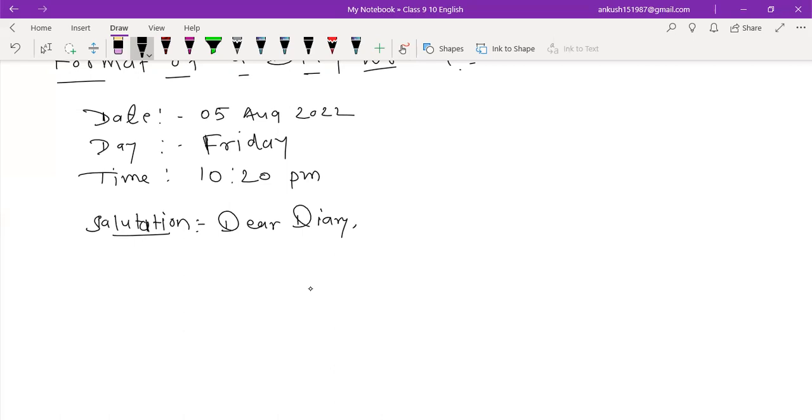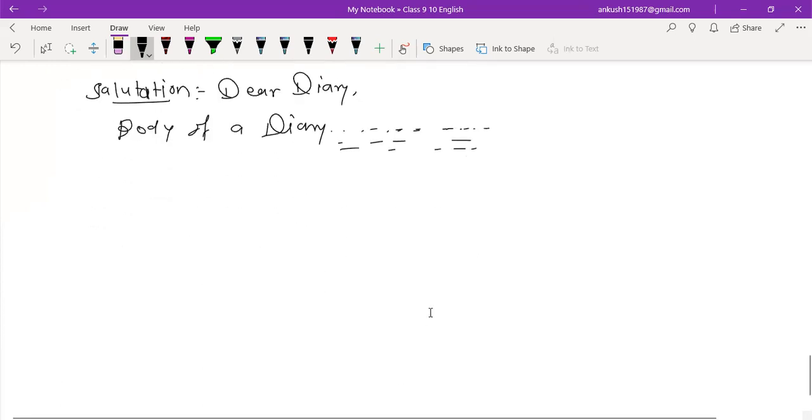After that, the body of the diary that you should start with. Okay, understood? And at last, who has written the diary? Of course it is you, but you must always mention your name and signature as well.